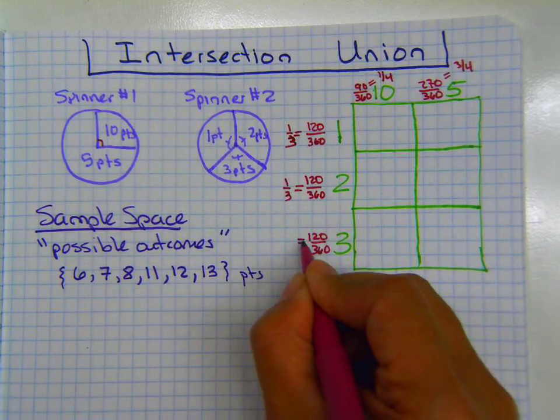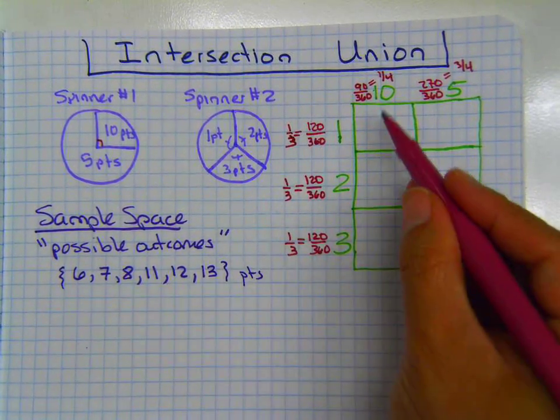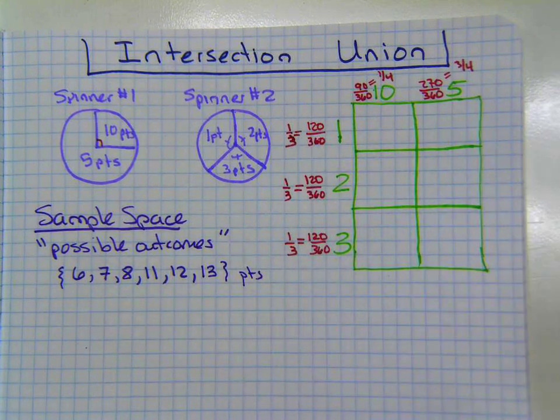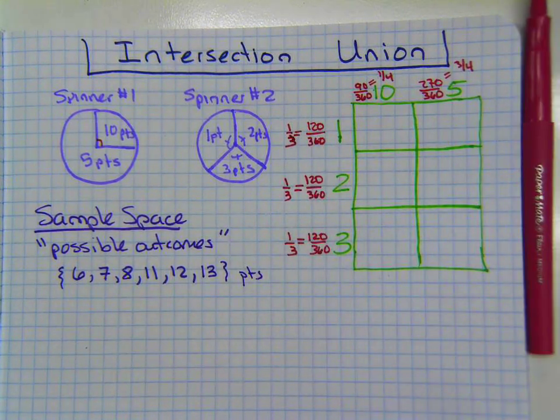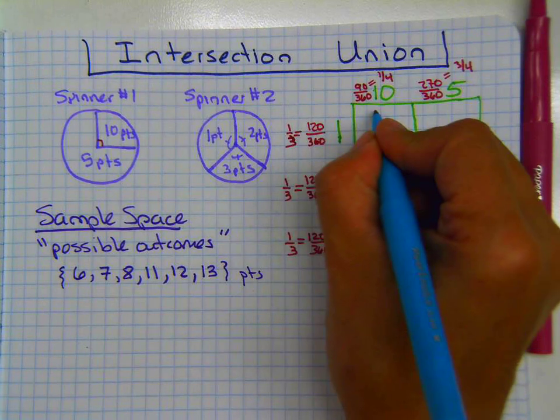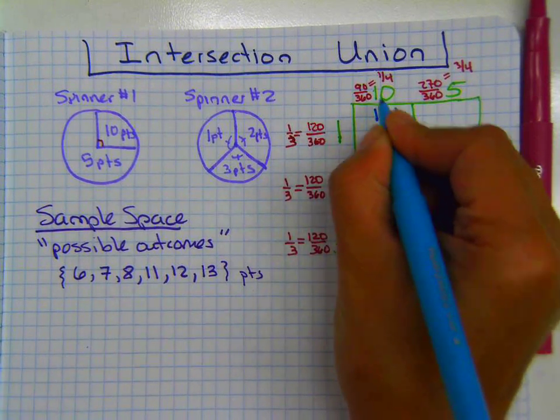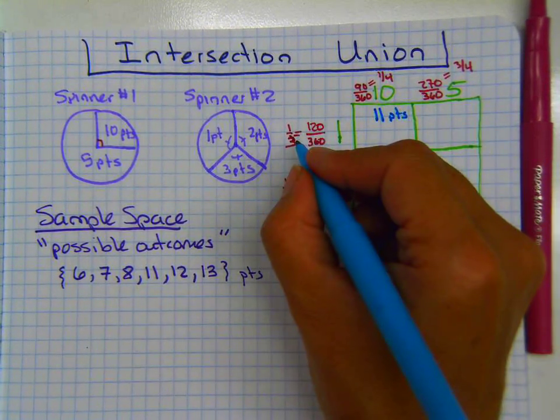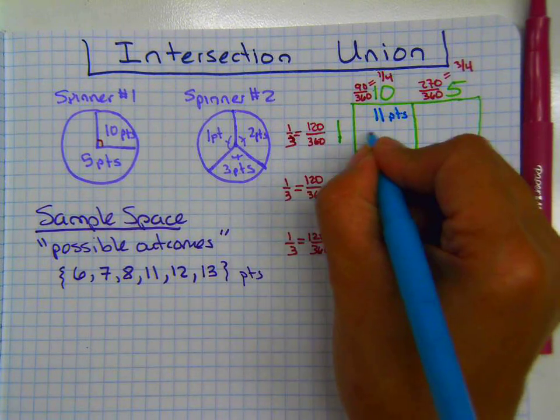1/3, and 1/3. Now remember, to get the areas on the inside, all I have to do is multiply them. So to get a total of 11 points, it's going to be 1/4 times 1/3, which is just 1/12.